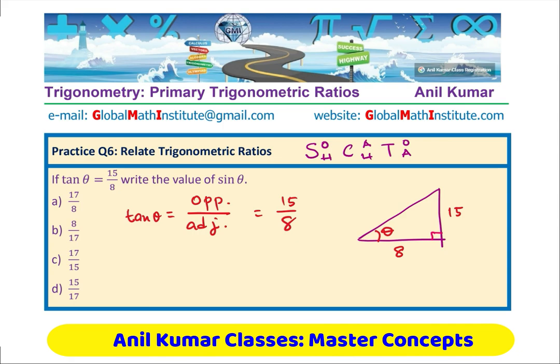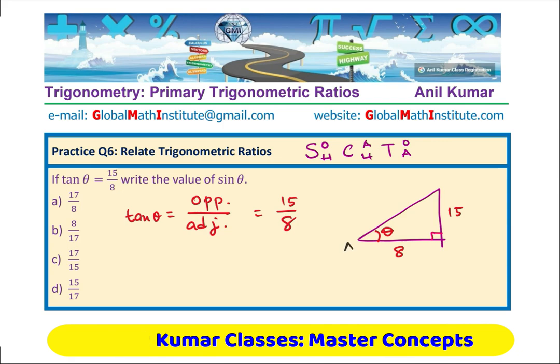Now you need to find sine theta, which means you should first find what the hypotenuse is. So we'll apply the Pythagorean theorem to find the hypotenuse, right? That's one way of doing it. Or you could also find the angle. But since these dimensions are given to you, it's better to find the hypotenuse, which is going to equal how much?